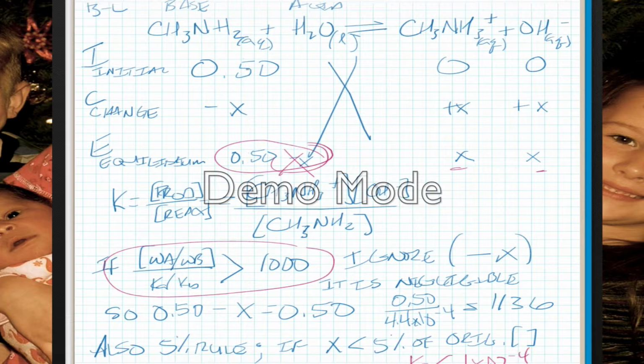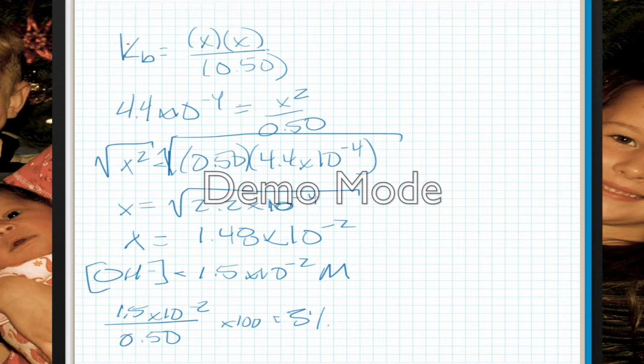Suffice it to say, you start with 0.50. You're going to continue to use 0.50 because the X is negligible. So when you plug in all those values, you basically get Kb is equal to X times X over 0.50. So 4.4 times 10 to the negative fourth is equal to X squared over 0.50.